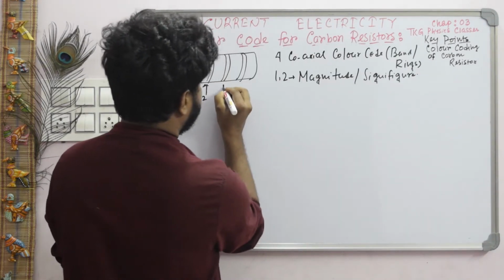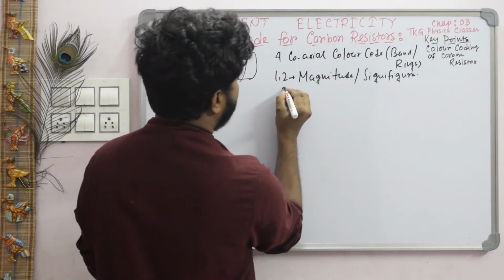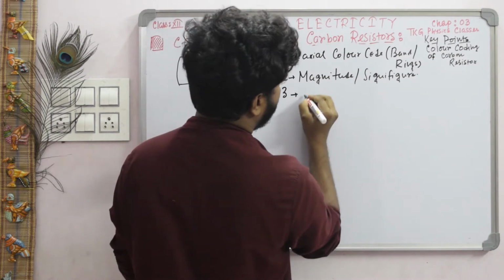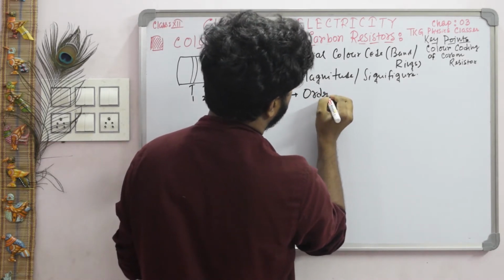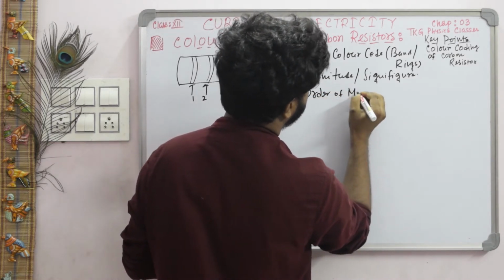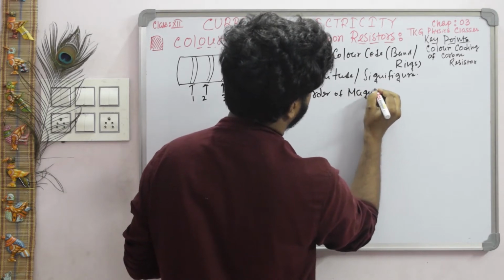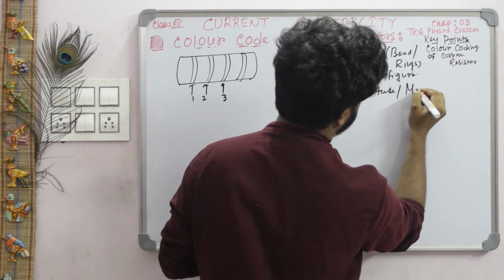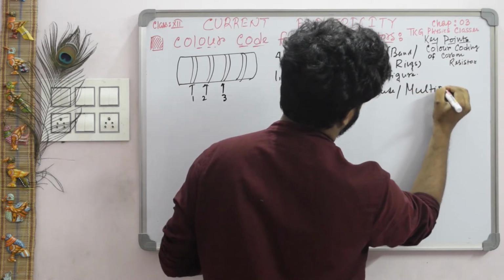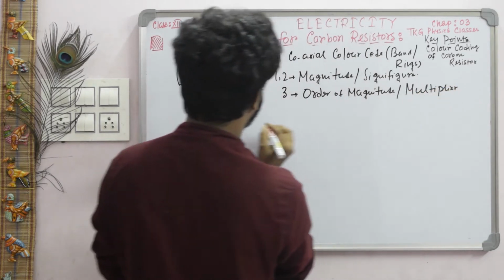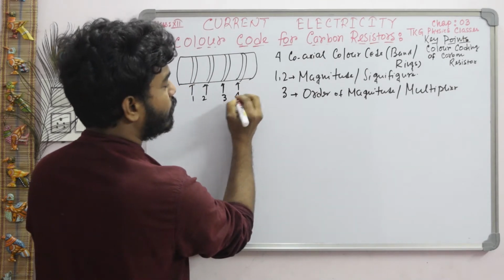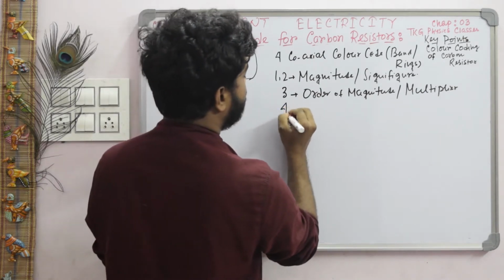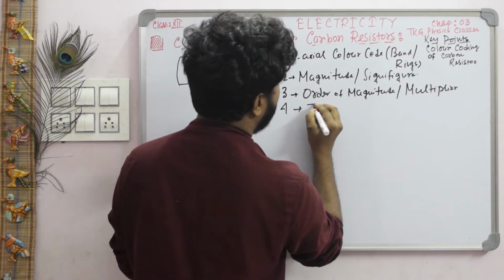Now the third band represents the order of magnitude, or you can say this is the multiplier. And the fourth, final band represents tolerance.